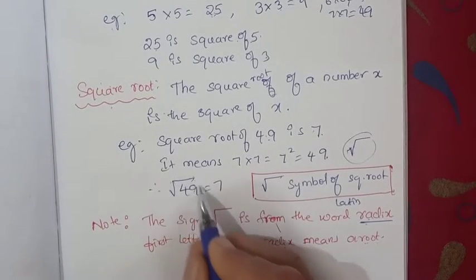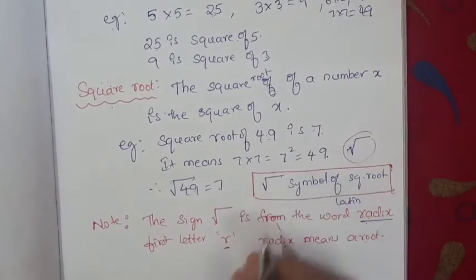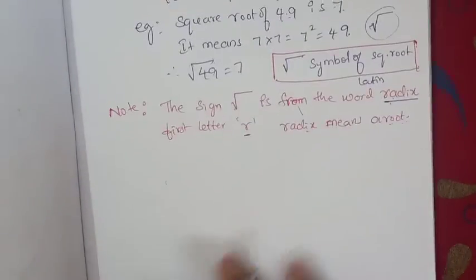So square root of 49 is how much? 7. We will write a few more square roots.